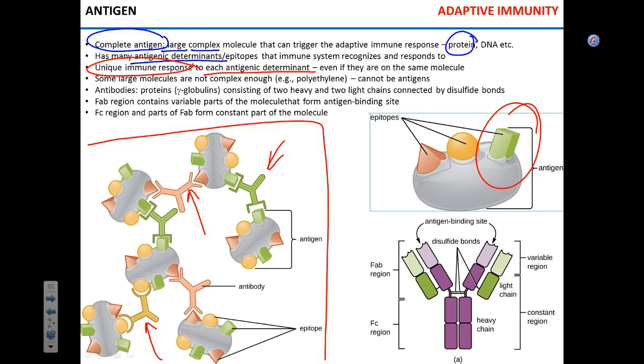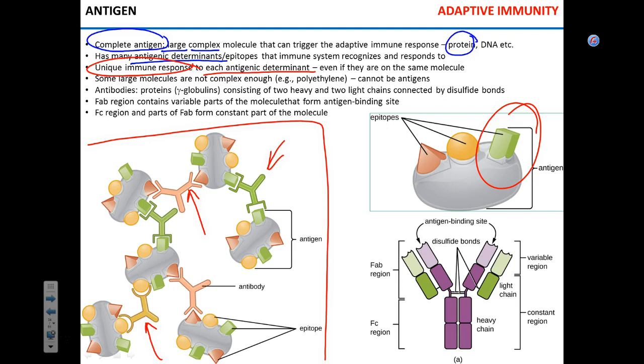Does that make sense? So you have a huge number of different kinds of antibodies. Some are more effective, some are less. That clear? Do you understand the idea of how an antigenic determinant on the pathogen interacts with your immune system? You got it?